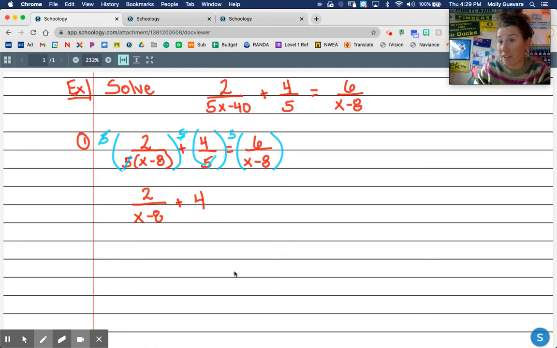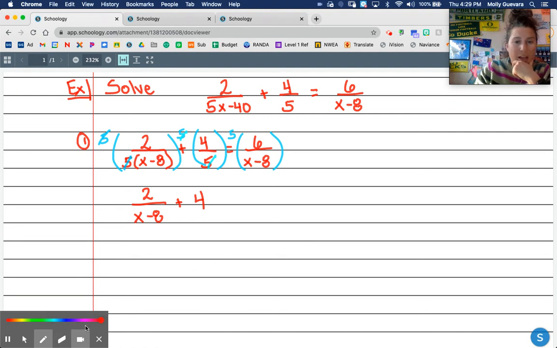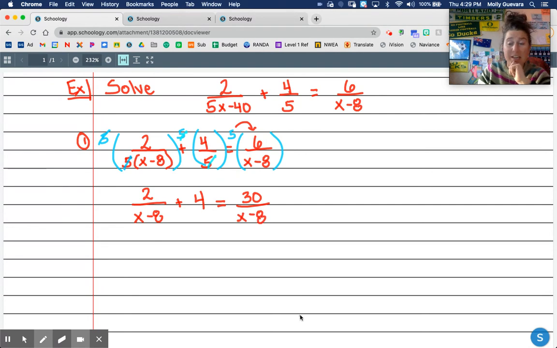There's no more fraction. The 5 on the bottom is gone. And then here, nothing cancels. Do we see that? There's no 5 on bottom. So I end up just multiplying the top by that 5. So I get 30 over x minus 8. The denominator stays the same. I just multiply the 5 times 6.